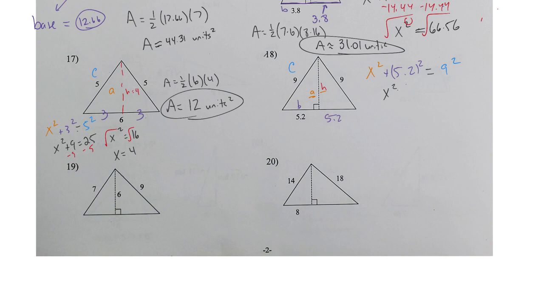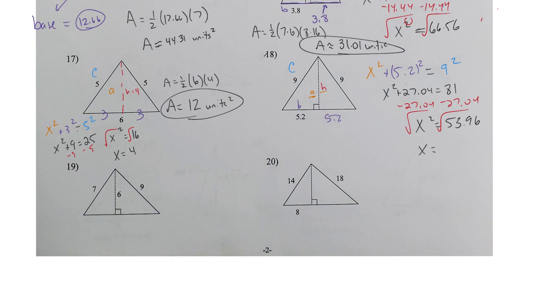So I have x squared plus 27.04 equals 81. Now remember, I'm going to minus 27.04 from both sides. So it's pretty much, we've done the same thing almost every single problem. Here, 53.96 is what I end up with. So I have x squared is equal to 53.96. Now to get rid of the little 2, I square root both sides.